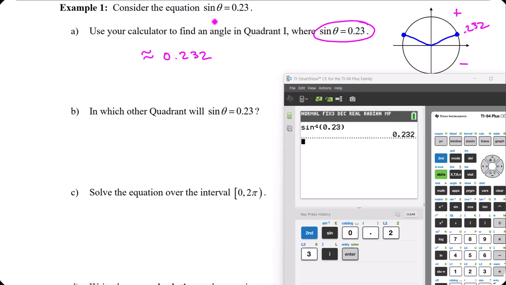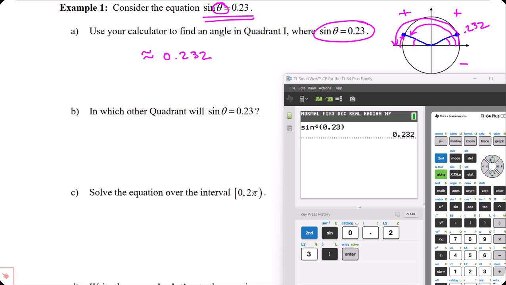But I'm solving this statement. I want all theta that work. So sine is also positive in the second quadrant. This reference angle is about 0.232. So to get this rotation angle here, I can do pi, or 180, and back up.